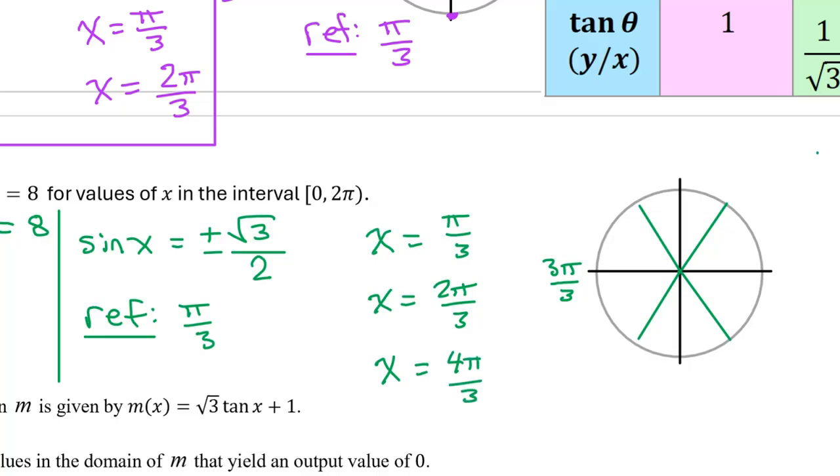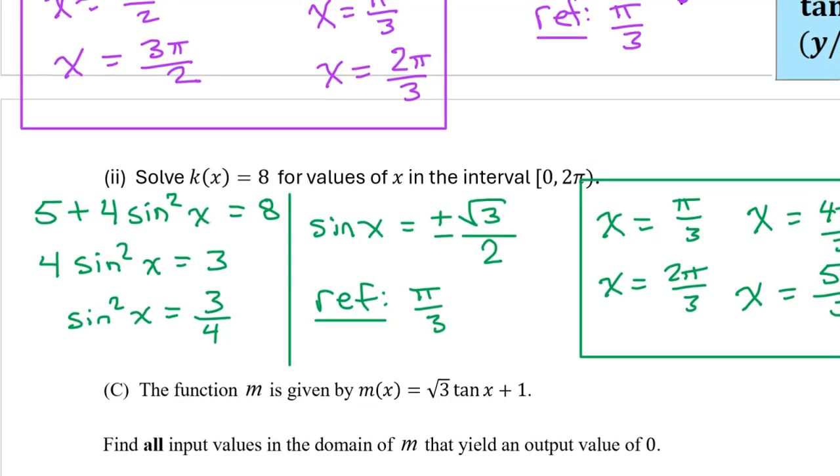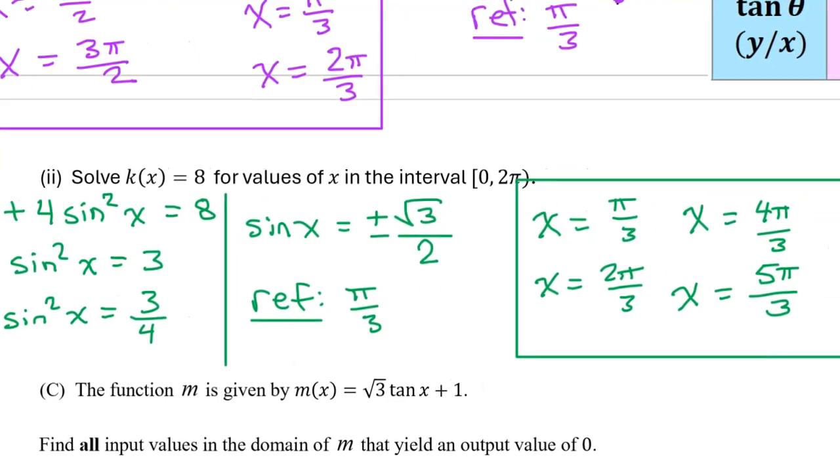And if this is 3 pi over 3, then 2 pi is 6 pi over 3, making this solution in the fourth quadrant 5 pi over 3. And that's it. These are the 4 solutions to k of x equals 8 on the interval from 0 to 2 pi.